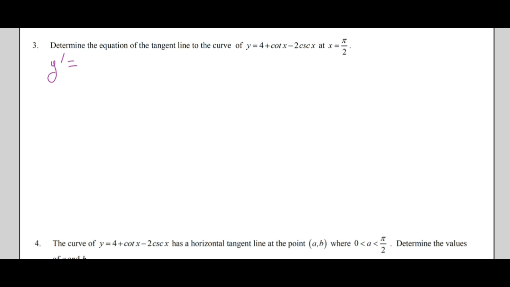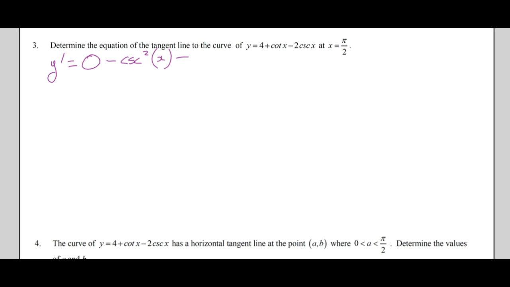All right, somewhere I wrote down something. That's our extra worksheet. Okay, so it's the derivative of 4, 0. Cotangent is, what is cotangent? Negative cosecant squared. Okay, so negative cosecant squared of x. And the derivative of cosecant is, what's that one? Cosecant cotangent?